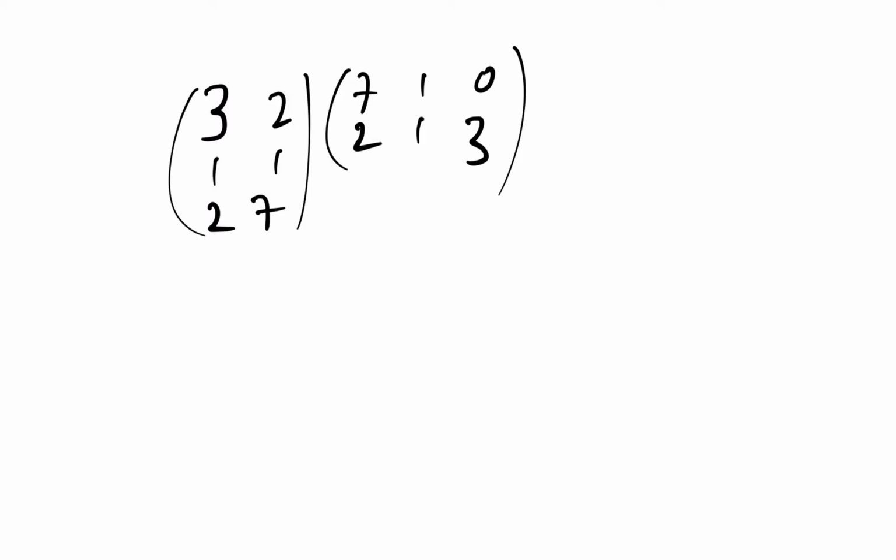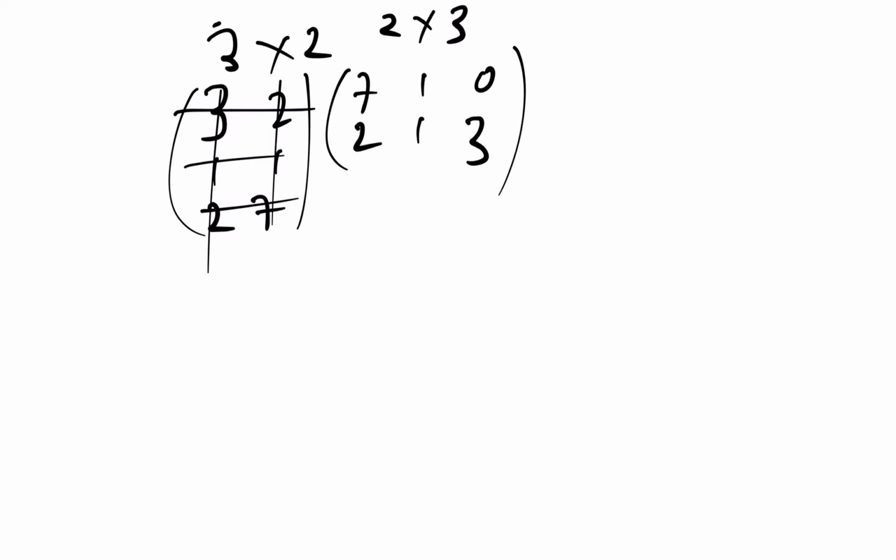The first matrix, its order is 3 by 2, because we have 3 rows, 1, 2, 3, and 2 columns, 1, 2. The second matrix is 2 by 3. 2 rows, 1, 2, and 3 columns, 1, 2, 3.